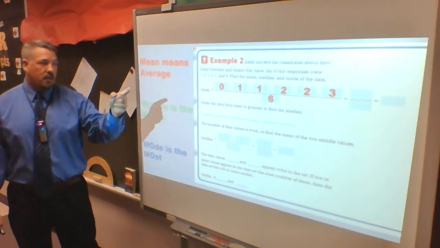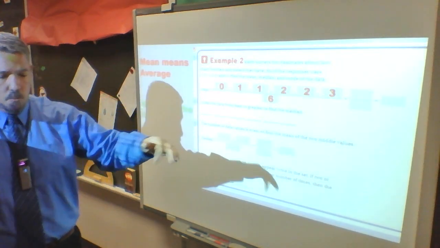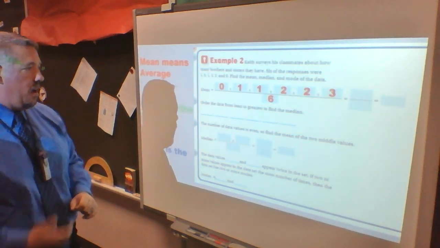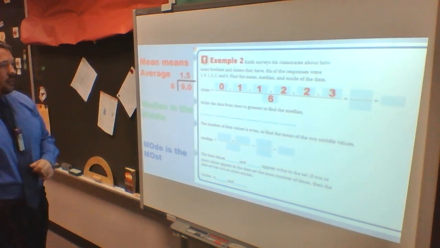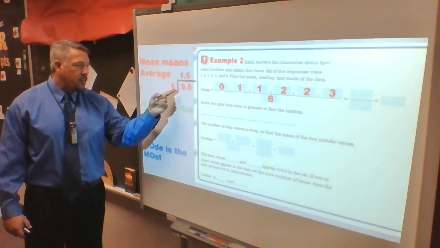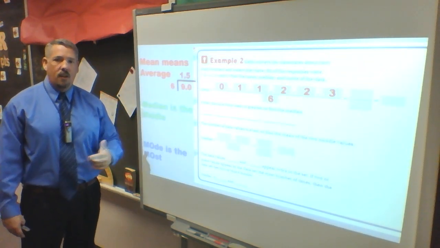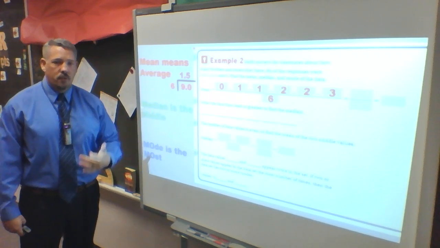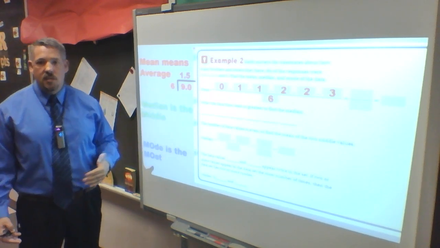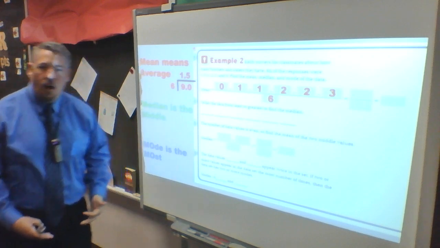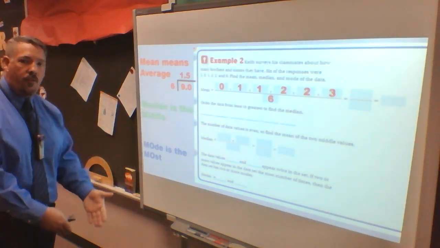So I add to get my total. 0 plus 1 plus 1 plus 2 plus 2 plus 3 equals, on my handy dandy calculator, 9. When I divide then by the 6 that's there, I have an uneven number. It's not that someone has a half of a sister or a half of a brother.